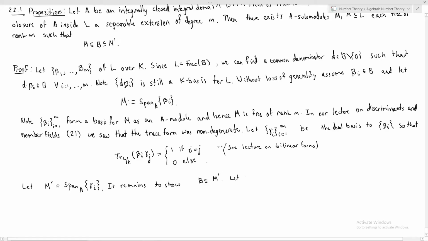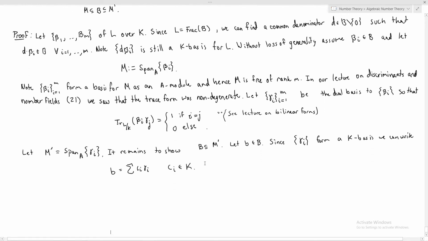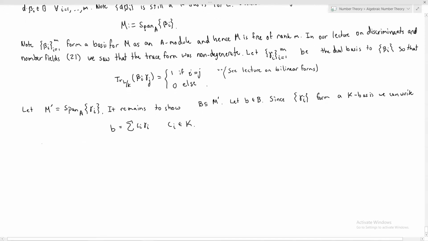We're going to let b be in B, and since the gamma sub i's form a K basis, we can write b as the sum of c sub i gamma i, where a priori we only know that these c sub i's are in K. So the next question is, how do we show this? I claim each c sub i is in A.